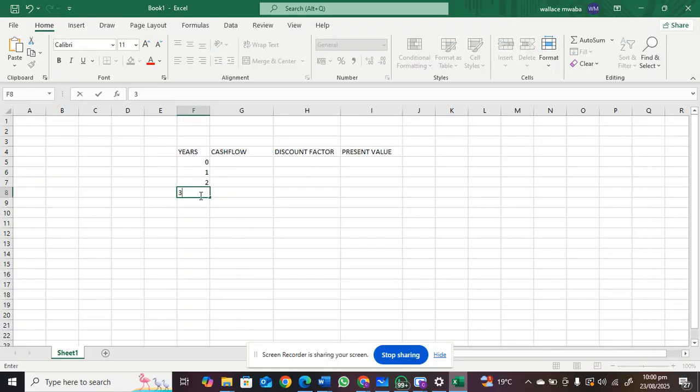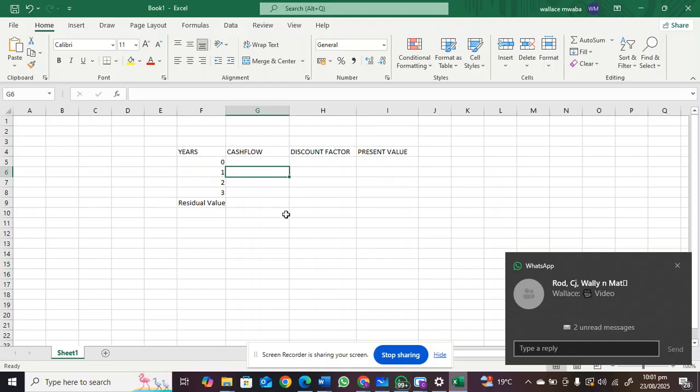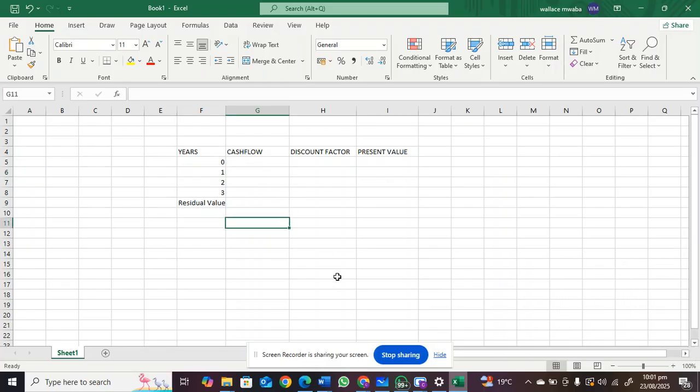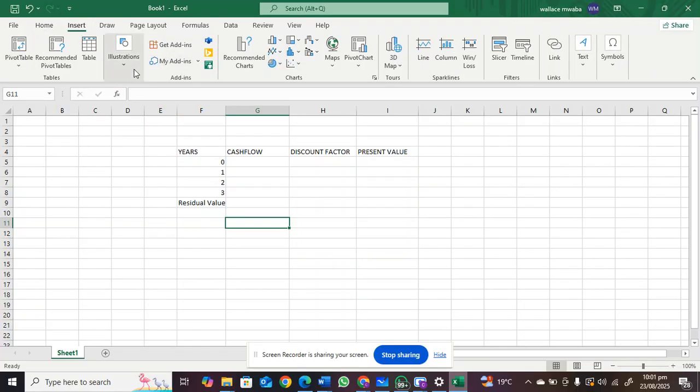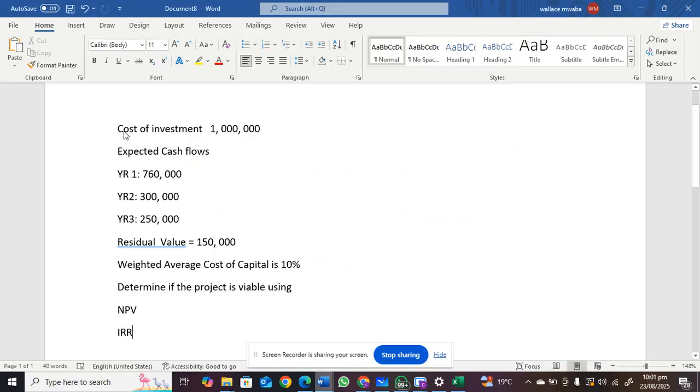There are other ways you can show it also. Okay. So we have to get our cash flows.